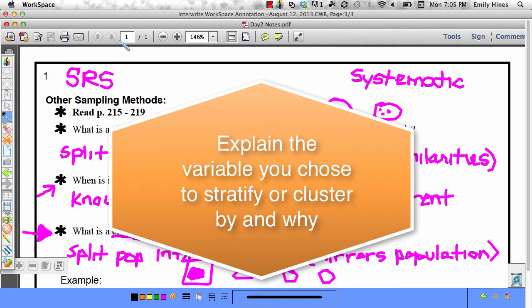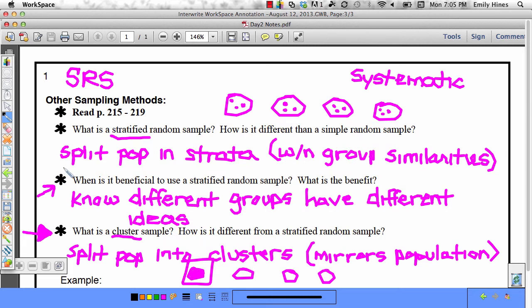Okay, if you're still a little bit confused about the two, think about it in terms of salads. Let's say that I'm a salad quality inspector. If I go into McDonald's to test their salads, I am going to use a cluster sample. I'm going to take a couple different salads out of their refrigerator that are already pre-made, and I'm going to eat the whole salad to inspect it.